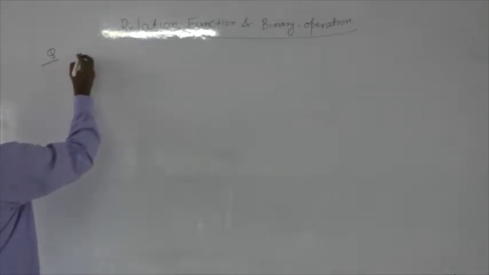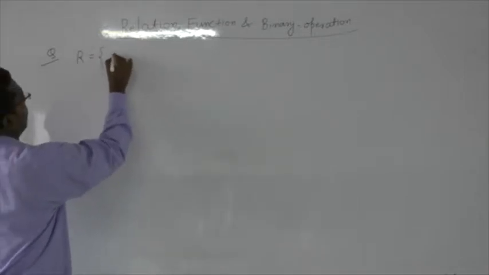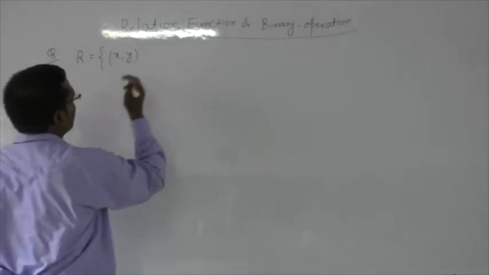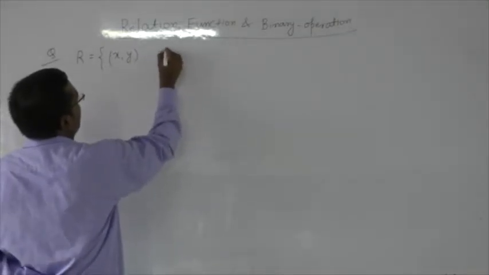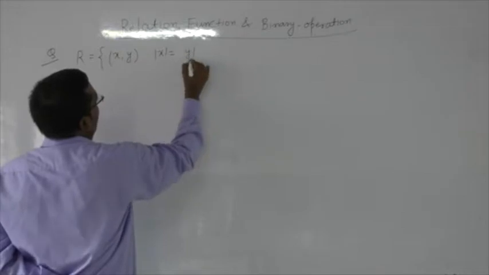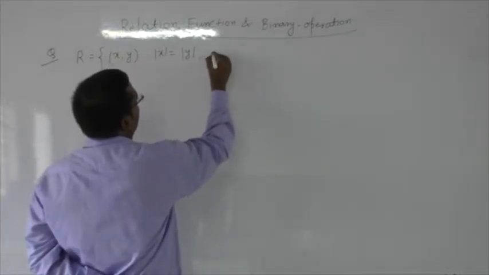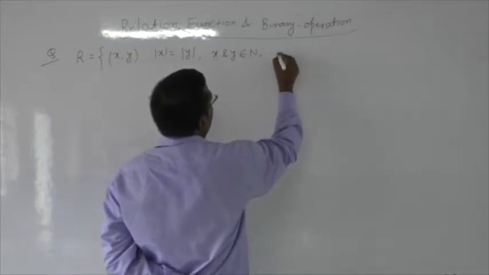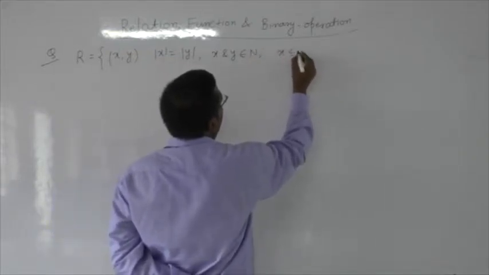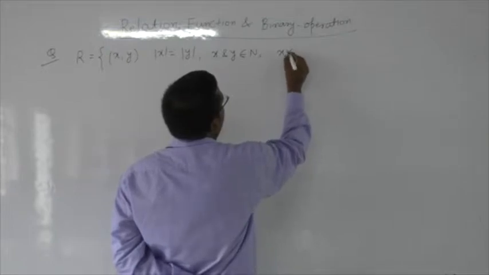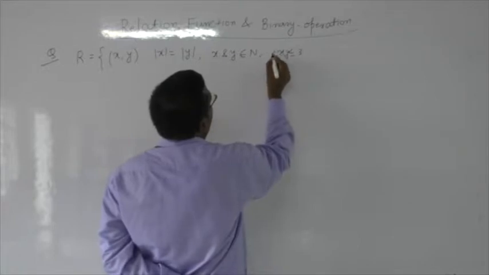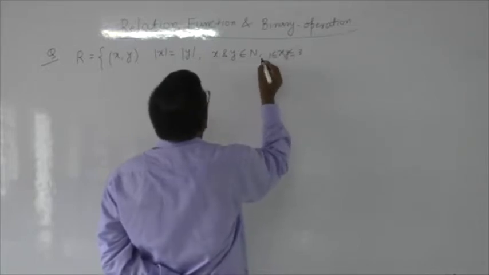Now, suppose R is a relation on a set of pairs xy such that mod of x equals mod of y, where x and y belong to natural numbers, and x is less than or equal to 3, and y is greater than or equal to 1.